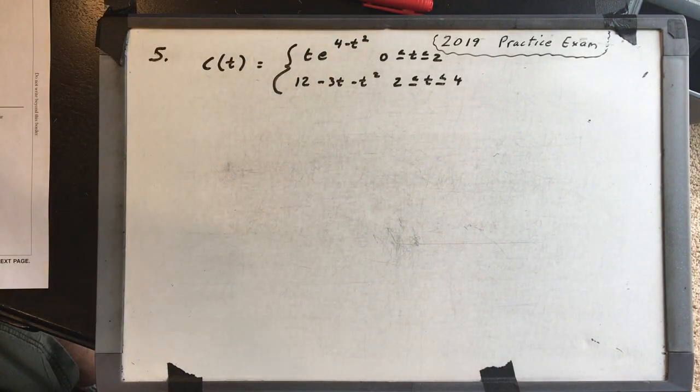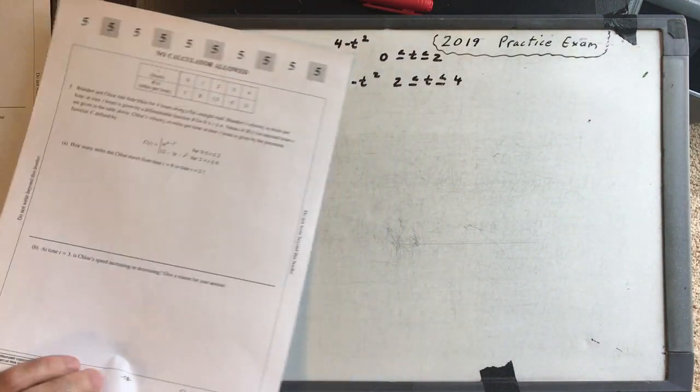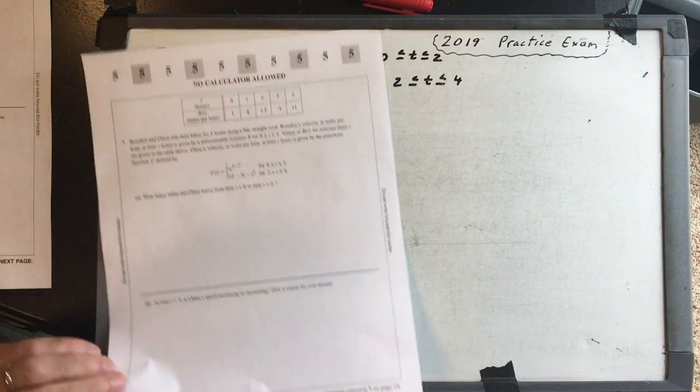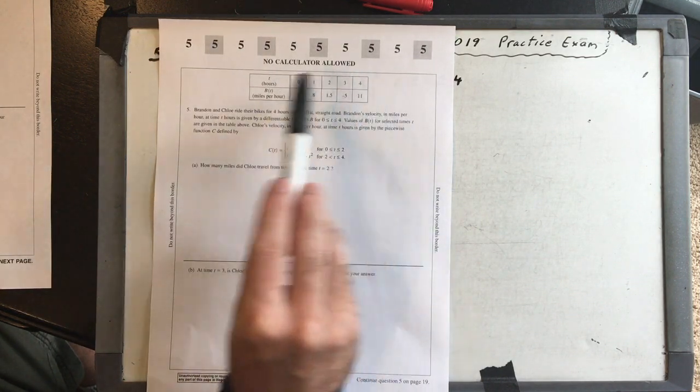Part C says, is there a time between 0 and 4 where Brandon's acceleration is equal to 2.5 miles per hour? Justify your answer. We're going to be using the table here, and this is going to be a mean value theorem.